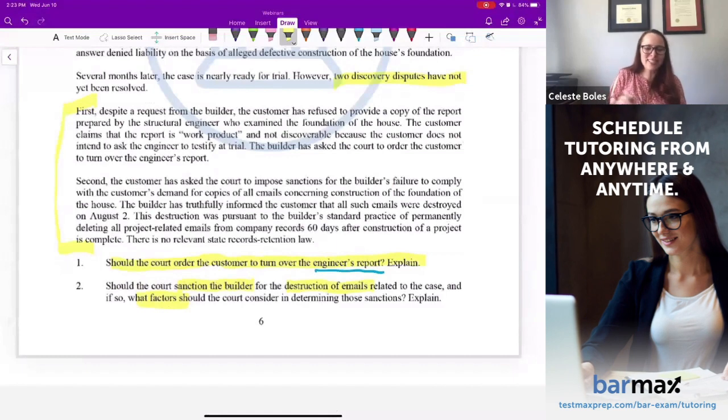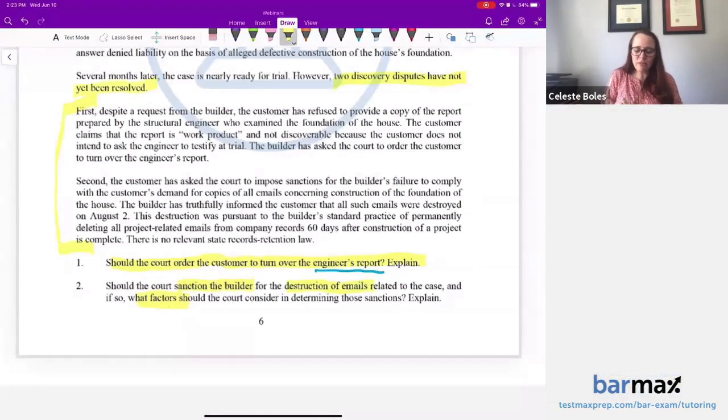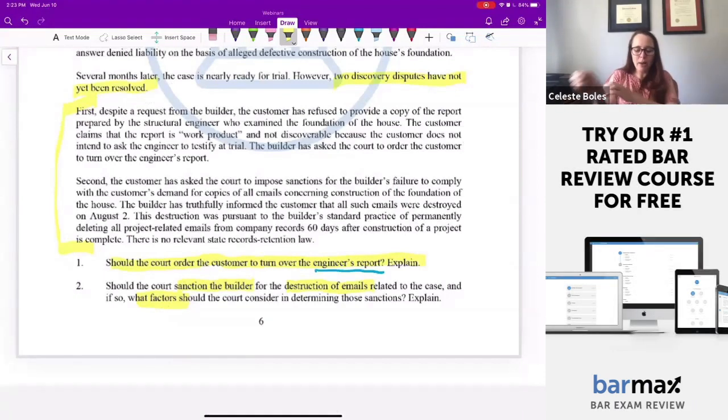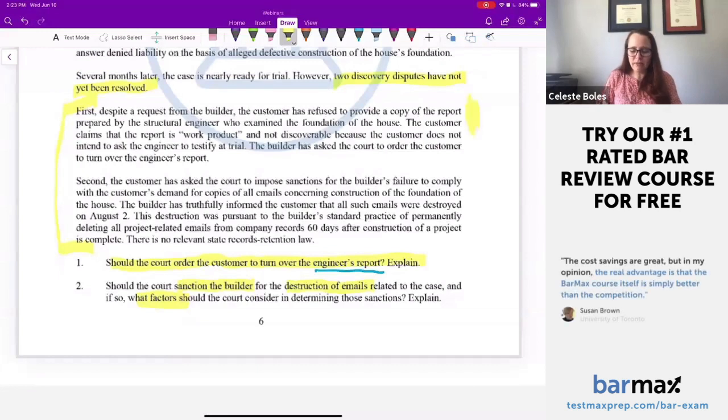Two discovery disputes have not yet been resolved. First, despite a request from the builder, the customer has refused to provide a copy of the report provided by the structural engineer, I'm reading here, who examined the foundation of the house.